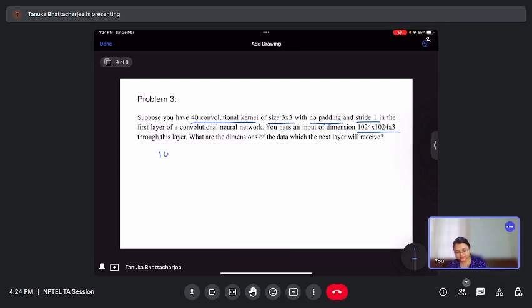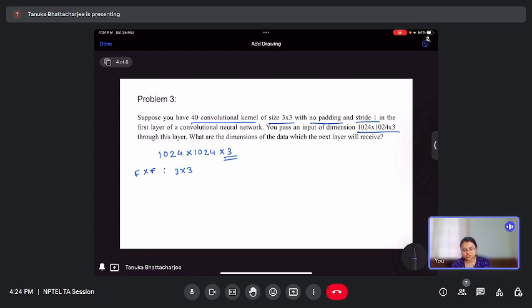Initially you have 1024 cross 1024 cross 3 channels. Now, you are doing the convolution with size f cross f, here 3 cross 3. First, we have to determine the size of the matrix at the output of the convolution. Here this 3 is just the number of channels. Each channel you can consider as a separate 1024 matrix, and each matrix is convolved, so each matrix will reduce in dimension based on the formula that we used.